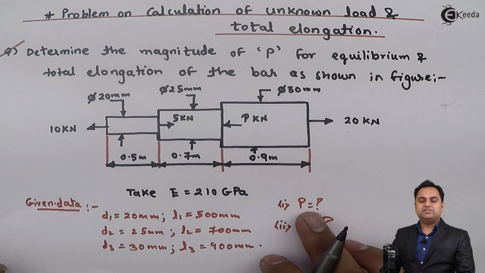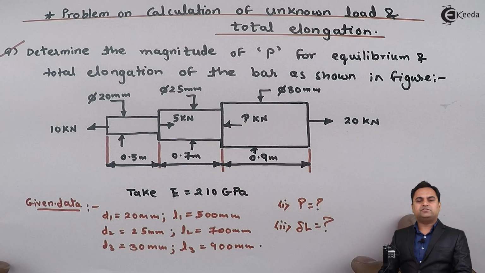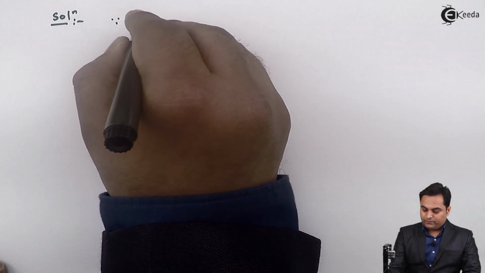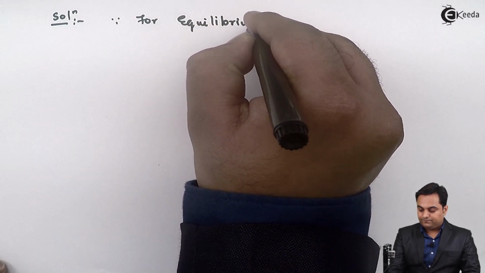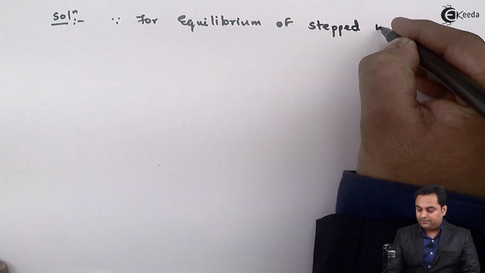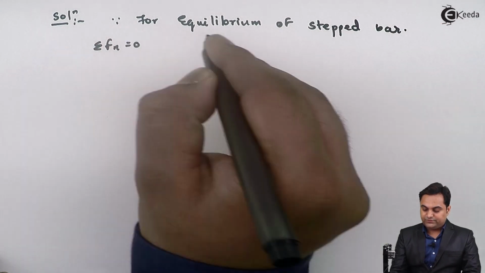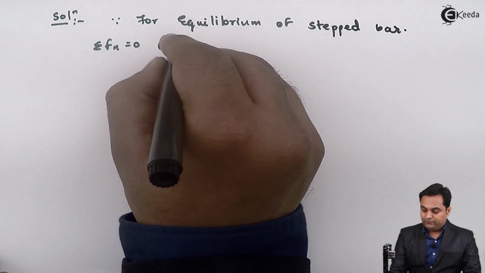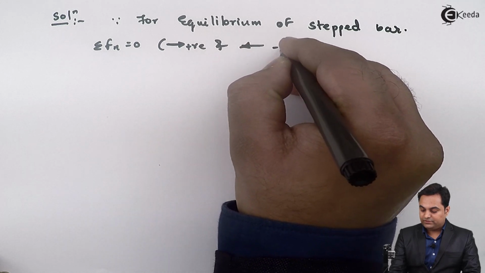For this, as we see in this problem, all the forces are horizontal. So for the equilibrium condition of this stepped bar, I'll say that sum of all horizontal forces is equal to 0. Summation of Fx is equal to 0, where all rightward forces I'll take as positive, all leftward forces negative.